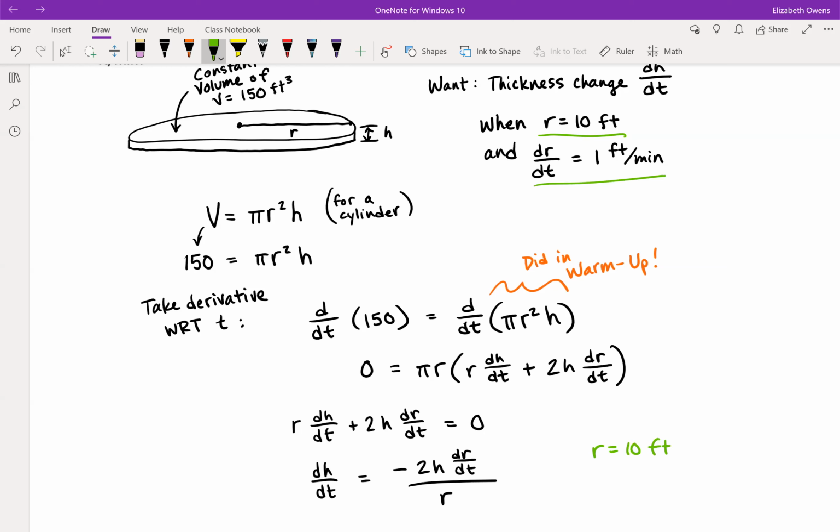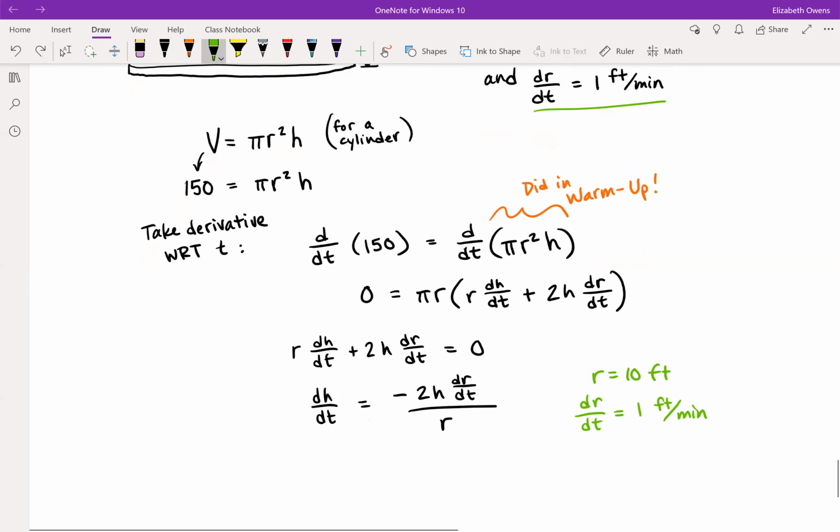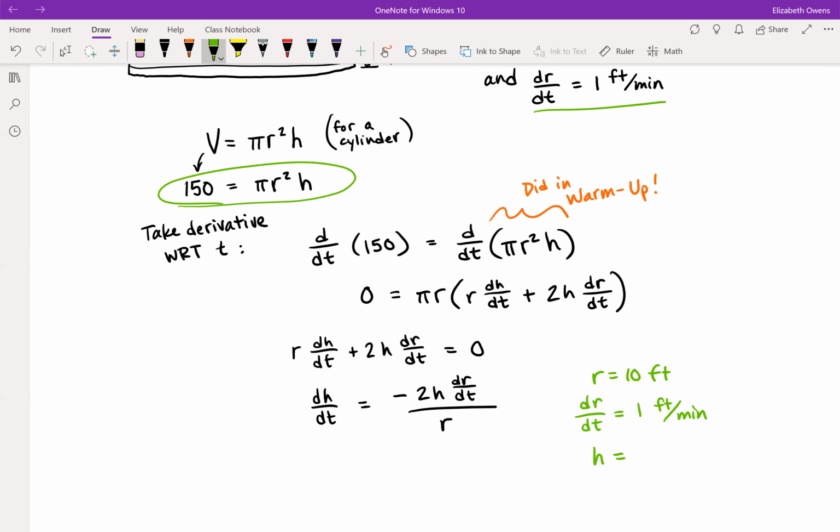We have a quantity here for dr/dt. dr/dt is going to be 1 foot per minute. And the only thing we don't have a quantity for right now is h. But it turns out that we can find one very quickly, okay, by using our equation again.